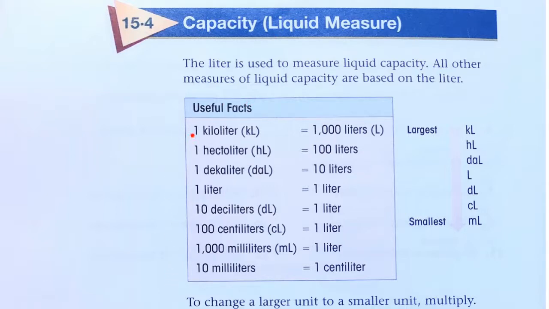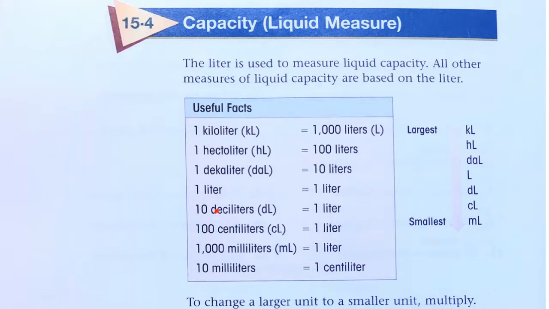It takes 1,000 liters for 1 kiloliter. 1 hectoliter is 100 liters. 1 deciliter is 10 liters. 1 liter equals 1 liter.